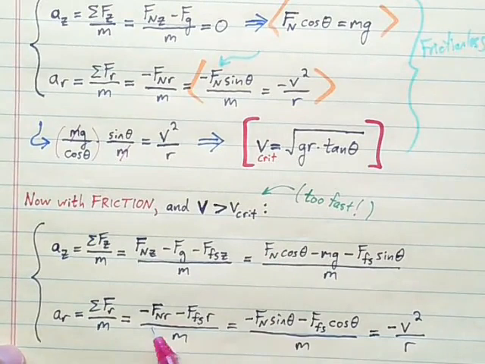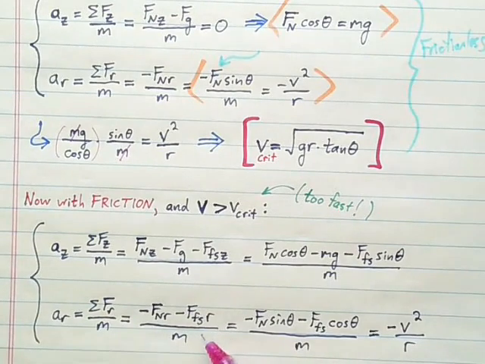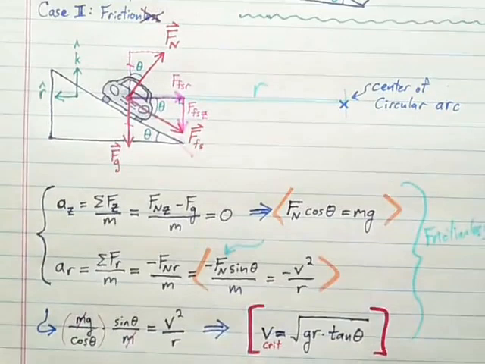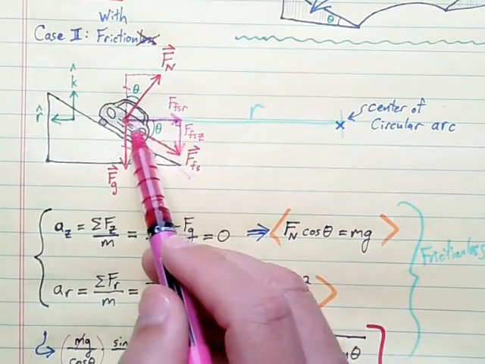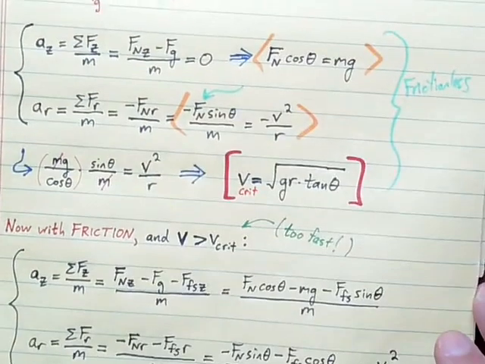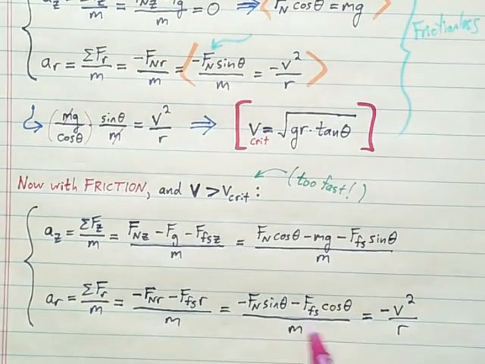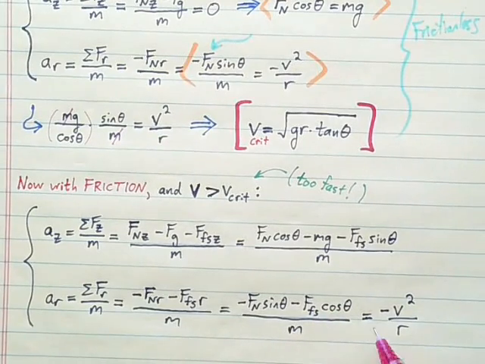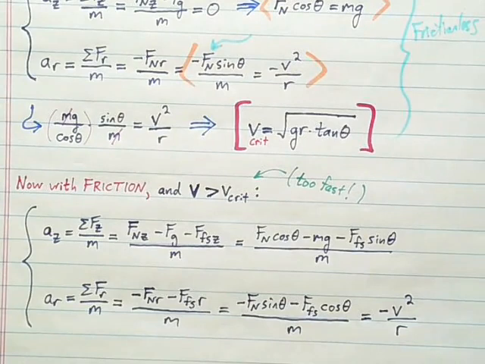The radial component of the normal force, which was there before, and now here also the inward radial component of the force of static friction. So F_n sine theta, and then for this term right here, it's our force of friction times cosine theta. So I'm going to have F_fs cosine theta to get the radial part. And we set that equal to the opposite of v squared over r.